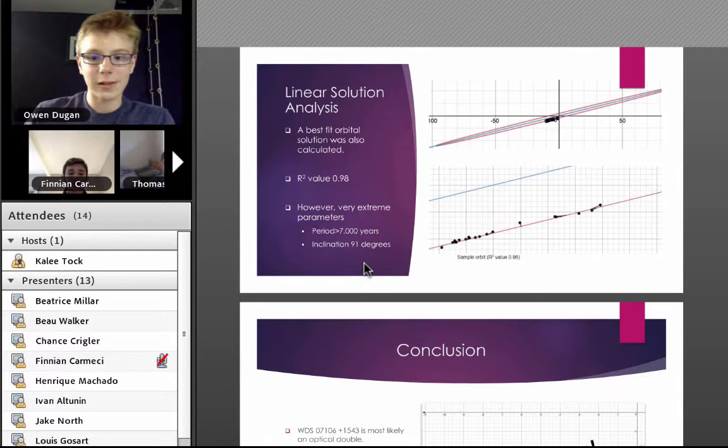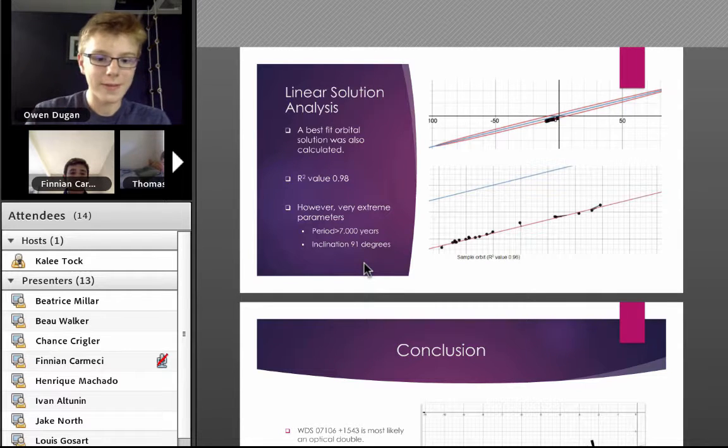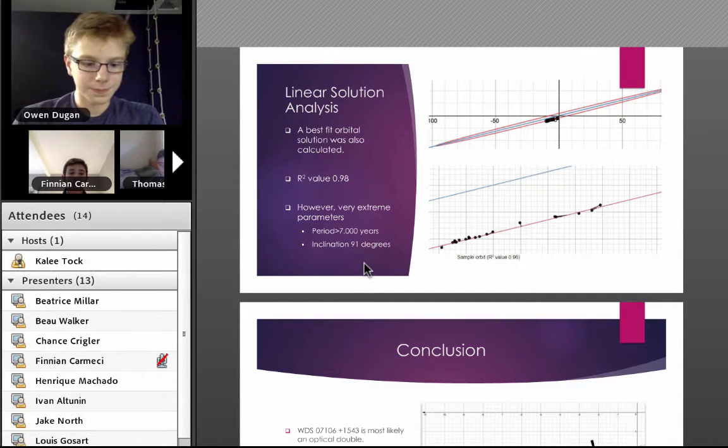Then we found a best fit orbital solution, which had an R-squared value of 0.98, which isn't as good, but it is still a very good fit. But as you can see, it has very extreme parameters, and it's essentially an ellipse modeling a line. So more likely, it's just a line.